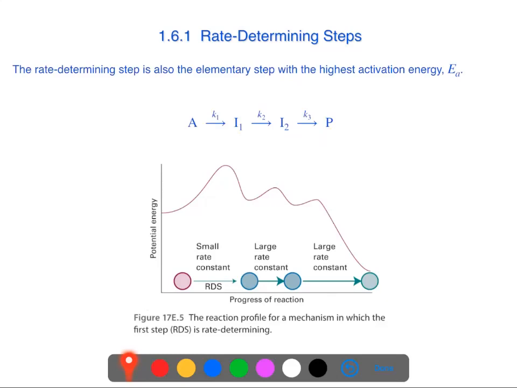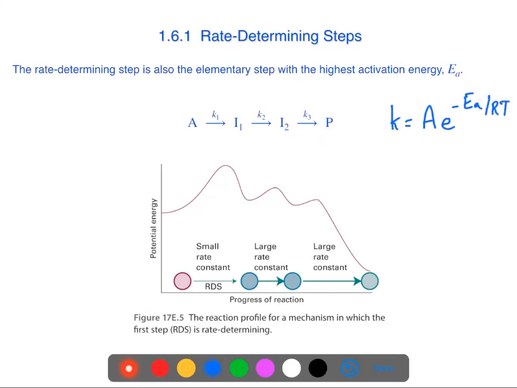We use the Arrhenius expression to show that, and we'll discuss that in later videos. But for our purposes at this point, we know that the rate constant is equal to a pre-exponential factor multiplied by e to the minus Ea over RT.